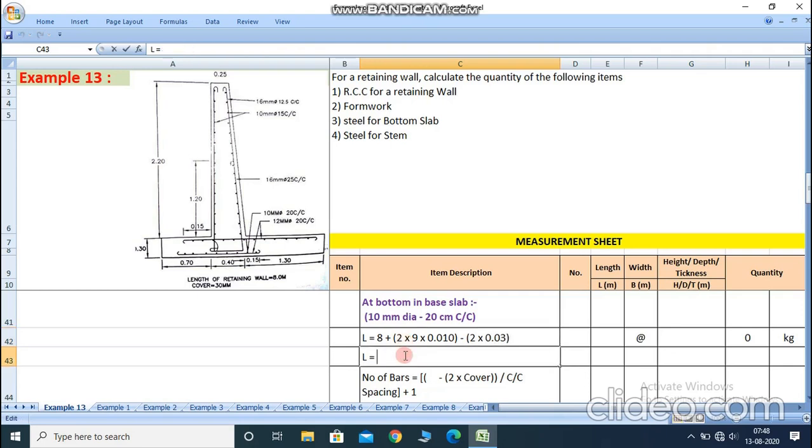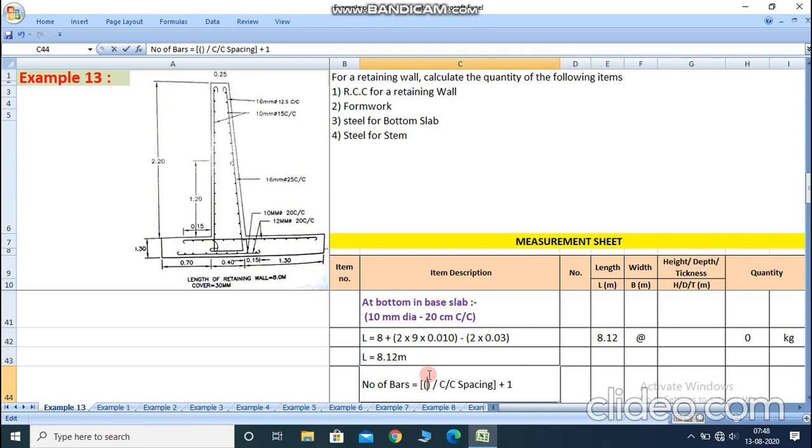So your total length is 8.12 meter. So we write here 8.12 meter, and then we find out the total number of bars required.